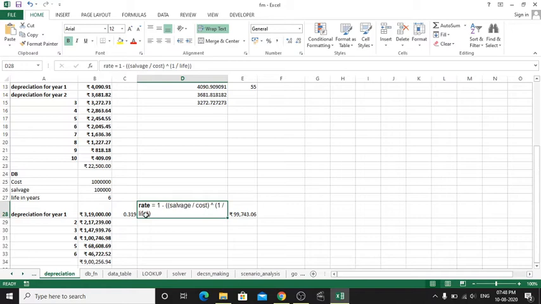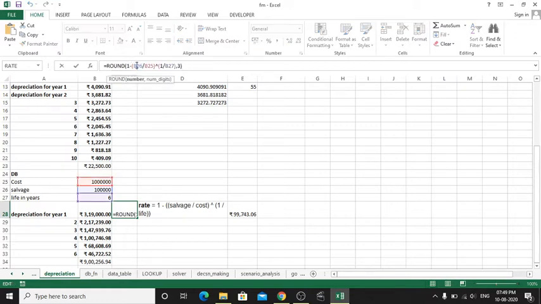So the DB function performs like this. To calculate the fixed rate, it uses this formula, and here I am rounding this calculation also. So ROUND of 1 minus the salvage value divided by the cost value raised to 1 by useful life.